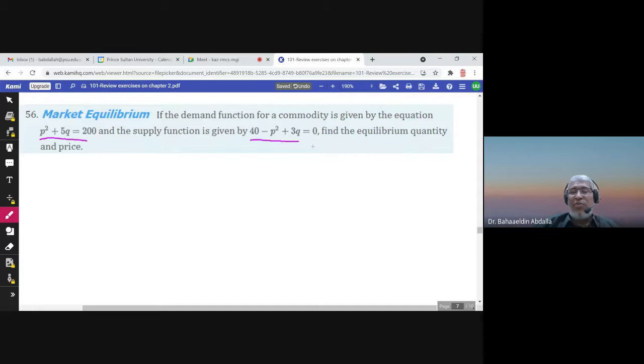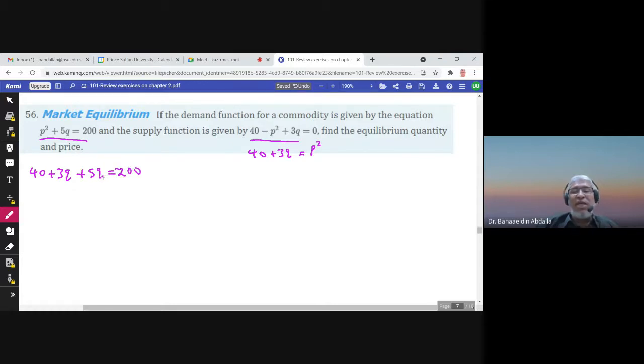If I take this P² to the other side, I will have 40 + 3Q = P². And I have P² also in this equation, so I will replace this P² by its value from this equation. So I replace P² by 40 + 3Q, plus 5Q equals 100.